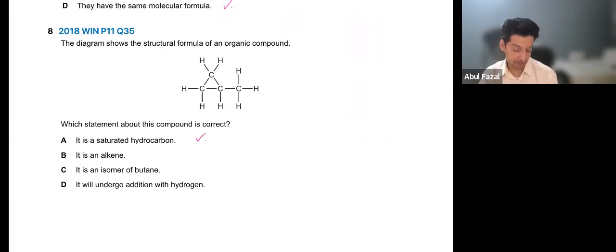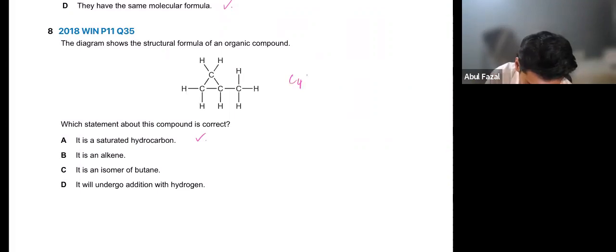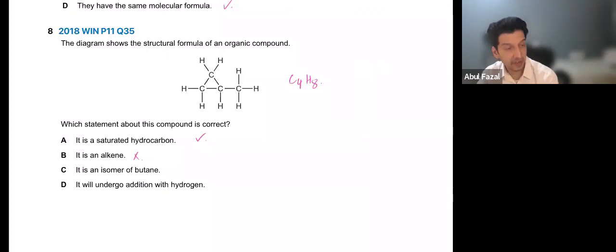It has a general formula of an alkene, but it is not an alkene because it does not have a double bond. It looks, walks, talks like an alkene. It's actually an isomer of an alkene, right? It's called a cycloalkane. Cyclical. It is an isomer of butane.